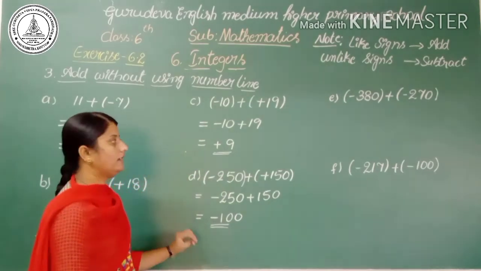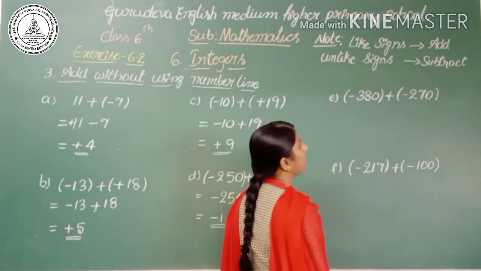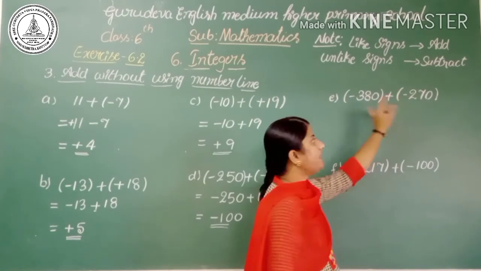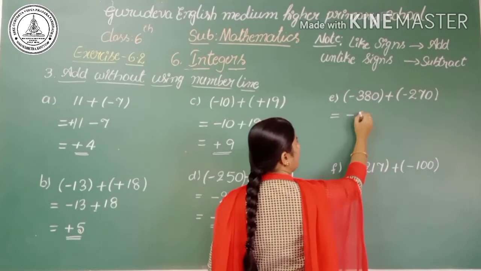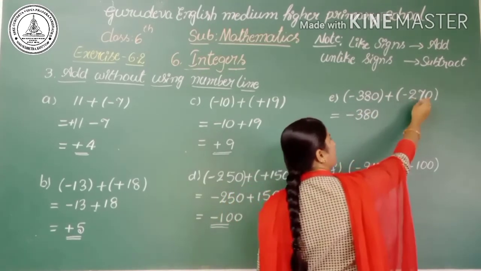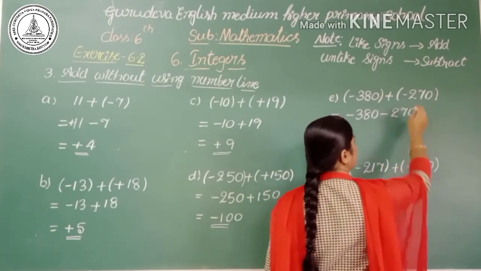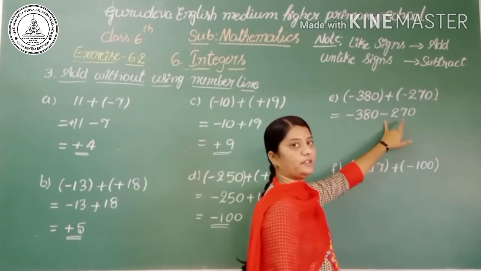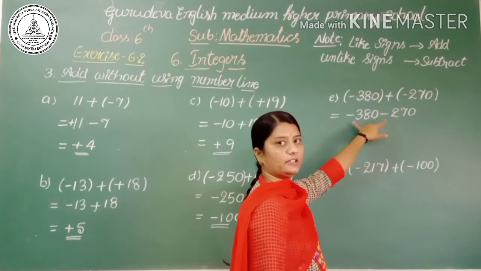Okay. Similarly, the E question is minus 380 plus of minus 270. First remove the bracket and write the integers: minus 380 plus of minus 270. Now you see here minus 380 and minus 270 have like signs, minus and minus having the like signs.